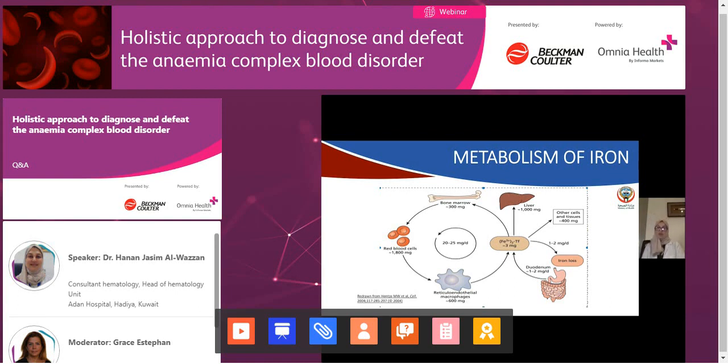Although the body regulates iron absorption, iron storage, and iron recycling, there is no process of iron excretion, so the excess iron will be stored in the macrophages, the liver, or other tissues.